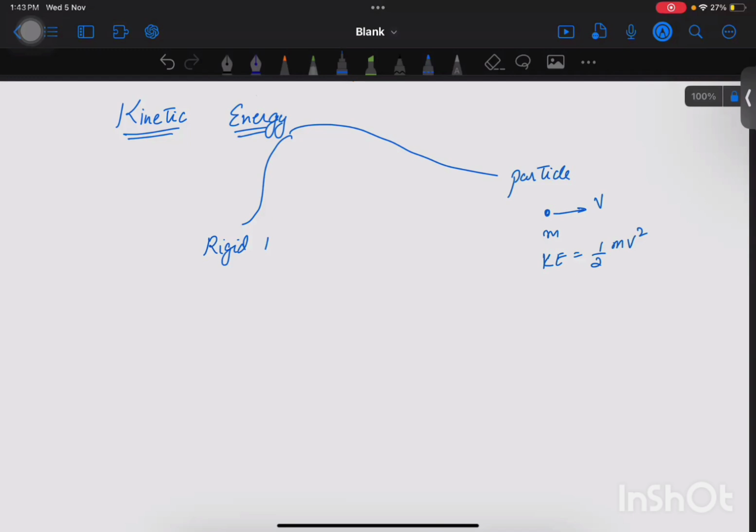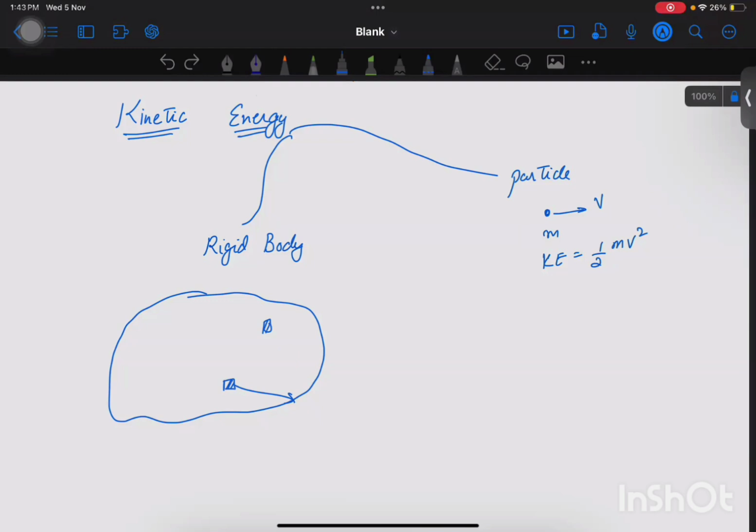Fine. So, this rigid body is nothing but a collection of many such particles. Over here, this particle may have a velocity in this direction. This particle may have a velocity maybe in this direction.